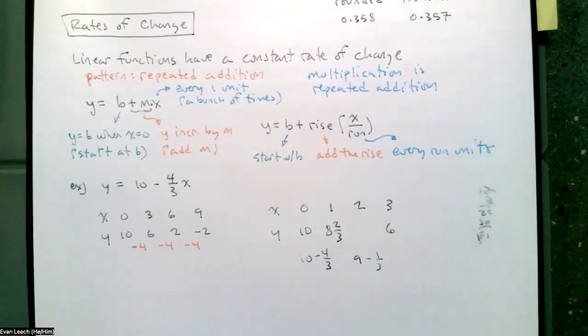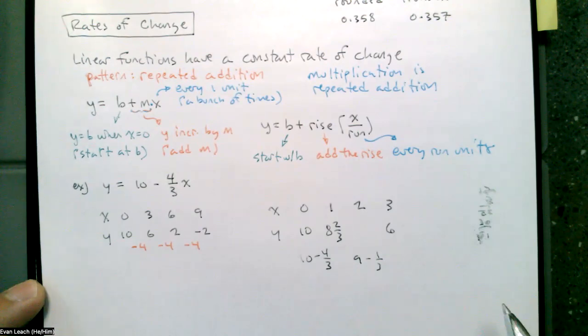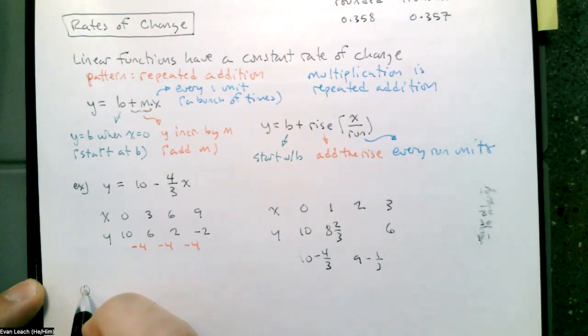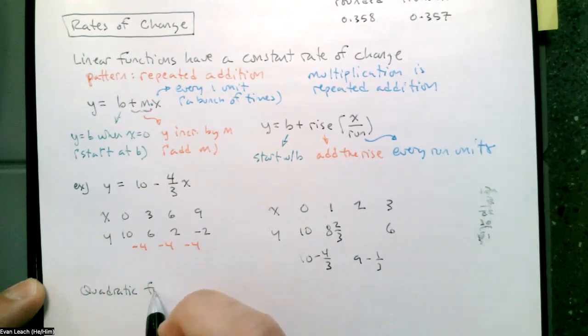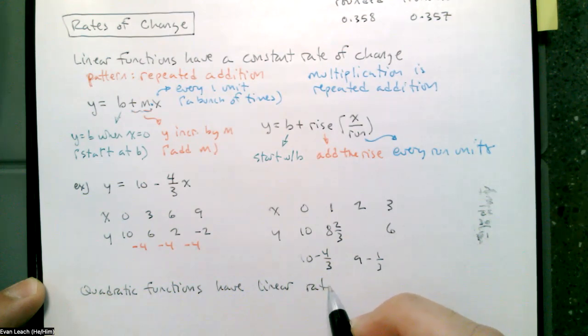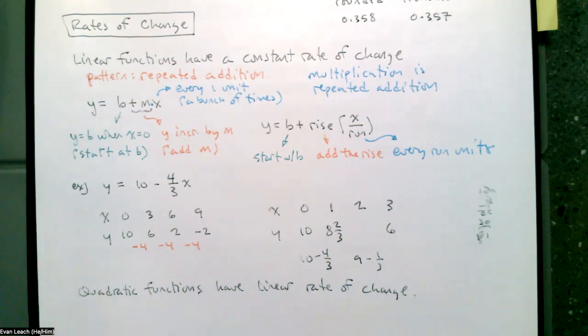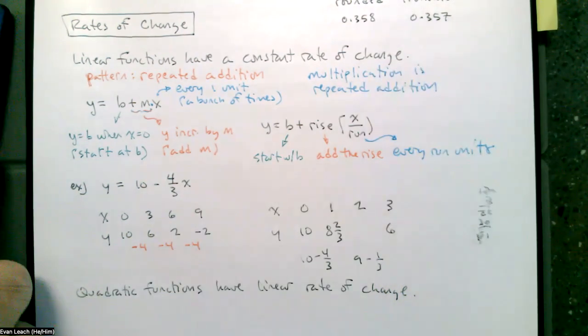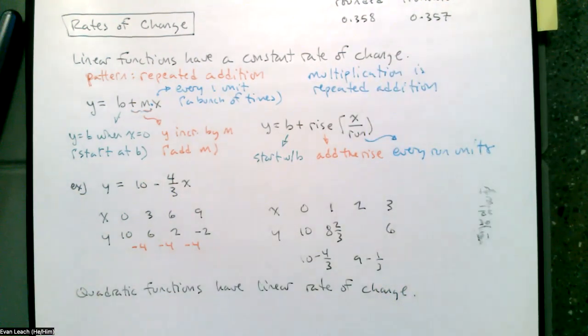Other patterns that we should recognize is one up from this. And that's identifying a quadratic function by its rate of change. A quadratic function will have a linear rate of change.